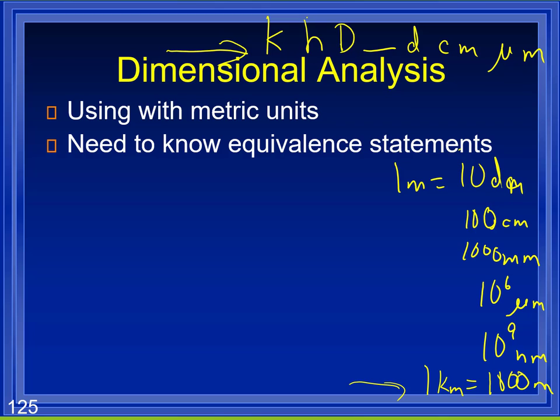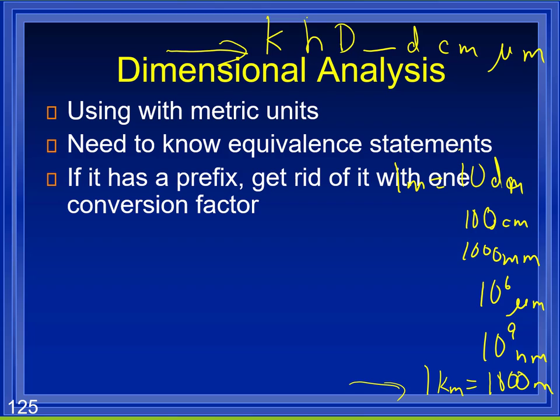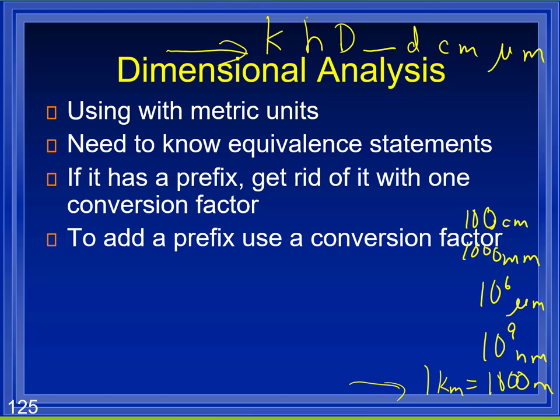Okay. So we're going to use conversion factors that you wrote to change the units. On the homework tonight, if it has a prefix, we're going to use a conversion factor to get rid of that prefix. Or if you have one that doesn't have a prefix, you can use a conversion factor to add that prefix.